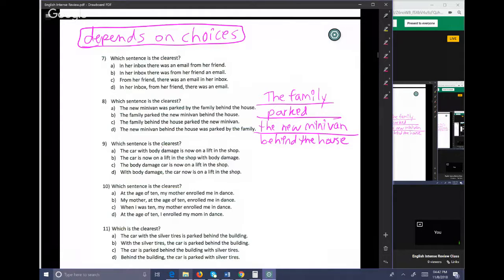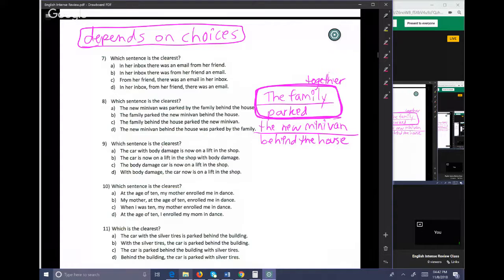So we have the family. We're not trying to say the family next to the new minivan, right? That would be pointless. We're not trying to say that the family's behind the house. So we need to make sure that the family and parked are joined together. These need to be together. So when we talk about the family, what are we trying to get at with the family?